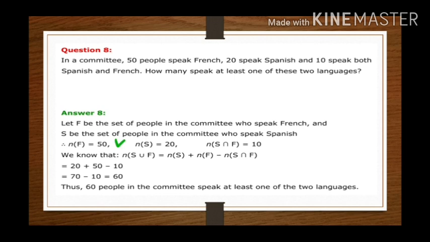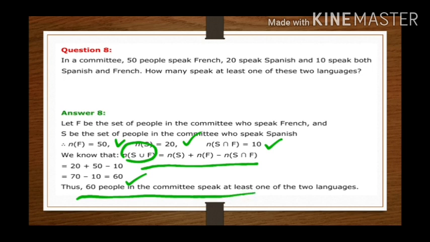The number of people who can speak Spanish is 20. Their intersection is 10. So just put it in this formula. You will get the cardinality of S union F is equal to 60. So 60 people in the community can speak at least one of these two languages.